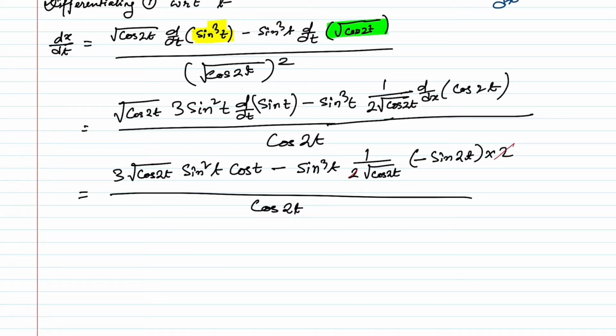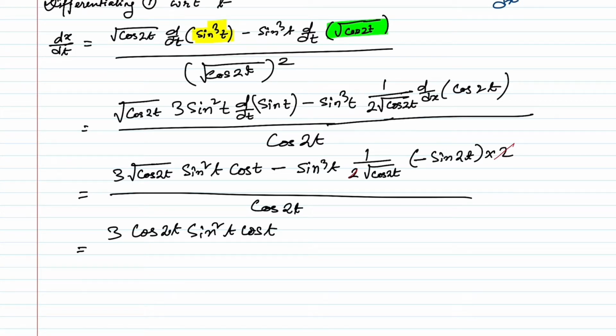So now what we can do is multiply both the numerator and denominator by root cos twice t, and if you do so, then you will get here 3 cos 2t into sine square t cos t, isn't it?